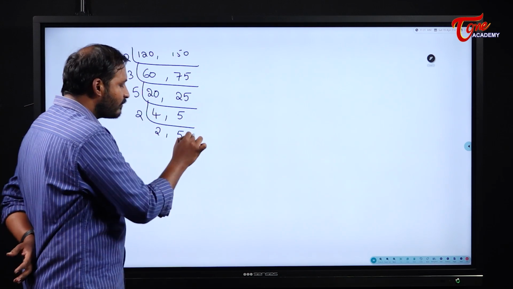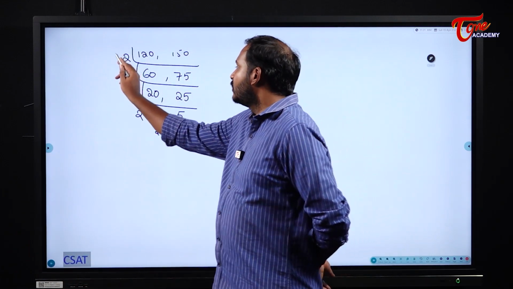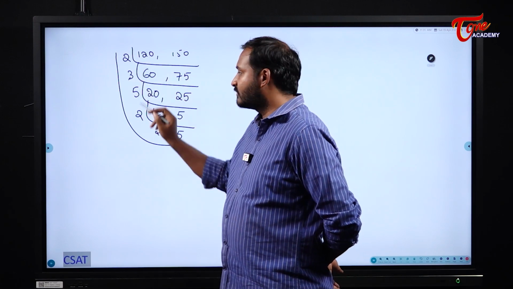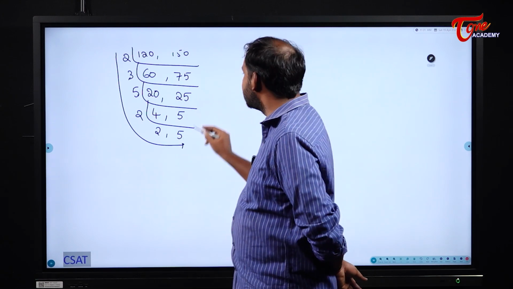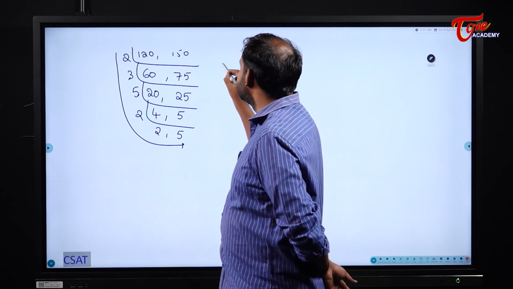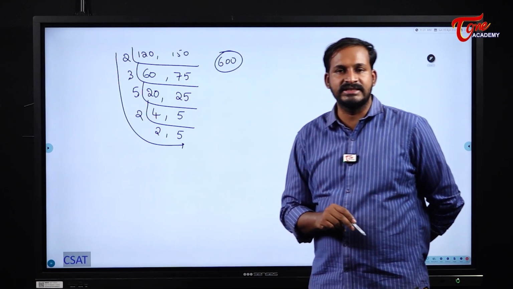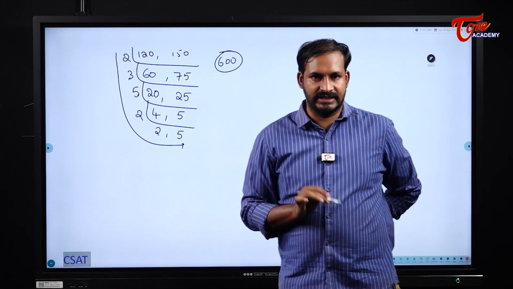At last I was left with only the prime numbers, right? So what is my LCM here? 2 into 3 into 5 into 2. So 2 3s are 6, 6 5s are 30, 30 2s are 60, 60 2s are 120, 120 5s are 600. So the LCM of 120 and 150 is 600. In this way we will find the LCMs.